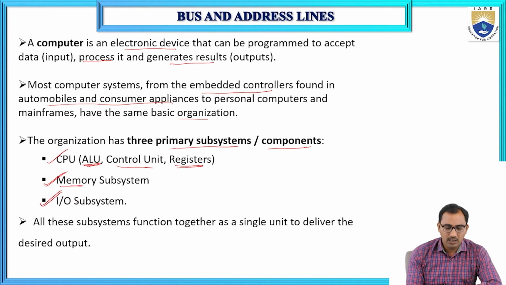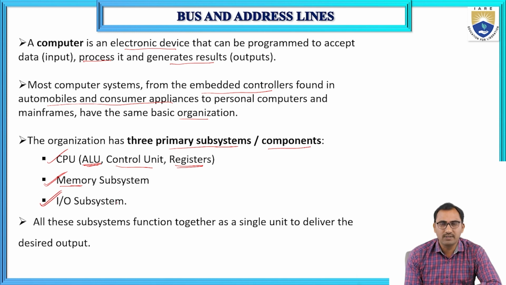The third one is the IO subsystem. This IO subsystem provides a facility to interact with the outside world. That means we are connecting several input or output devices with the computer. This IO subsystem is used for communication with the external world.